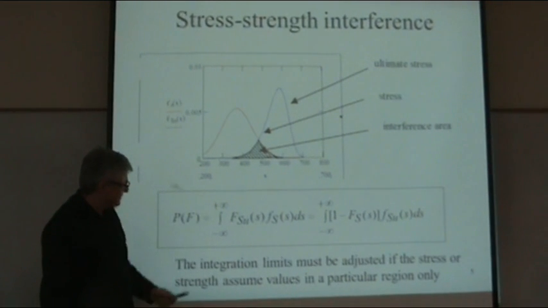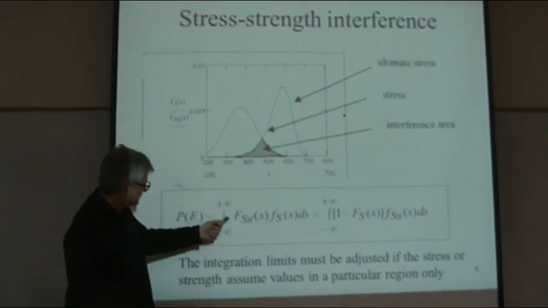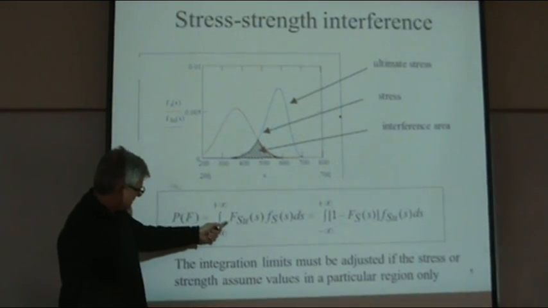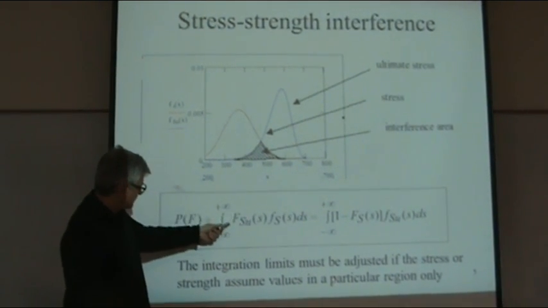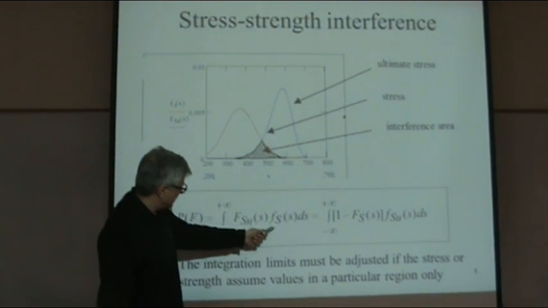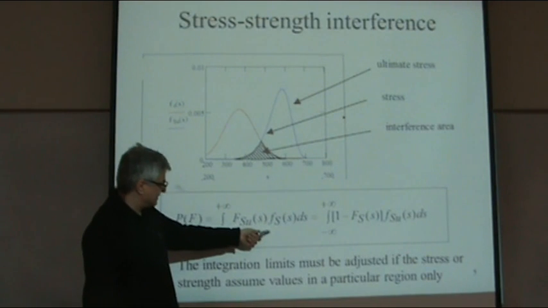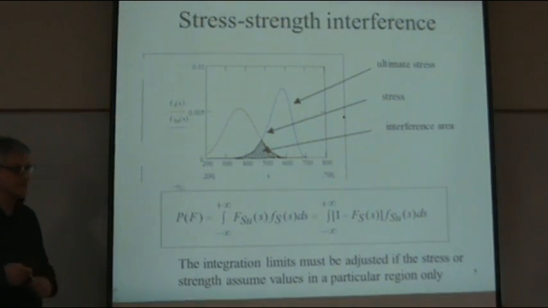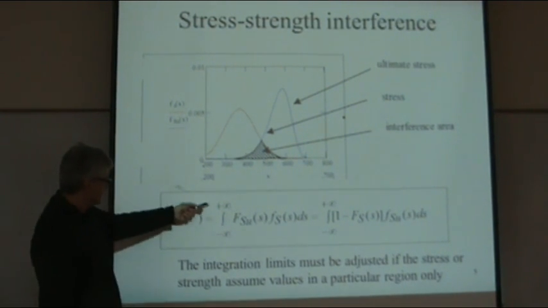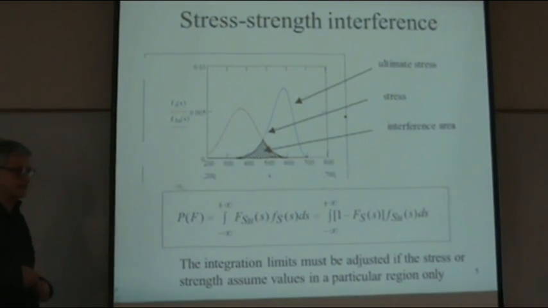This equation is essentially the integral of the cumulative distribution of the capacity multiplied by the probability density function of the demand or stress. And in general, it can be from minus infinity to plus infinity.